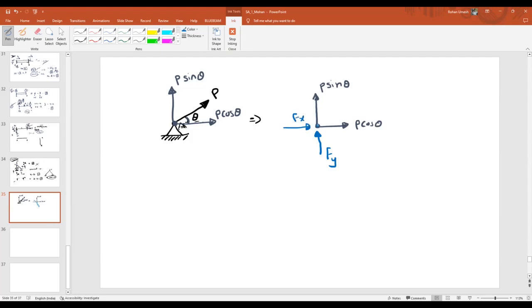If this is in equilibrium, then it has to satisfy the equilibrium equations, right? So how many equilibrium equations do we have to consider here? Do we have to consider summation Fy equal to 0, summation Fx equal to 0, and summation of moment Z equal to 0? Do we have to consider these three equations, or can we omit any one?